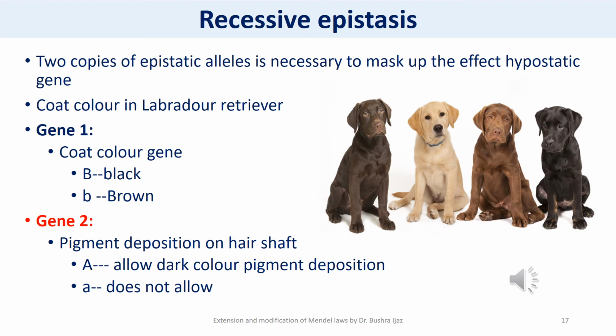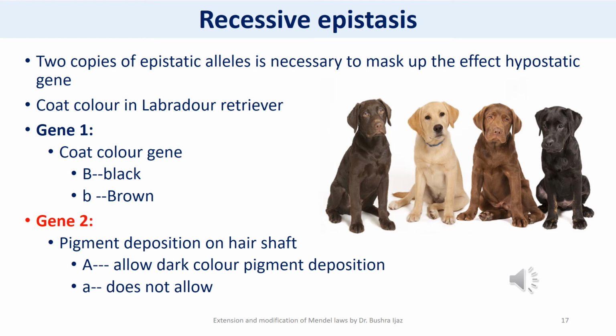There are two genes involved in the coat color. We have gene 1, which is responsible for the coat color. If it is capital B allele, it's going to be black. If it is small b, then the coat color is going to be brown.